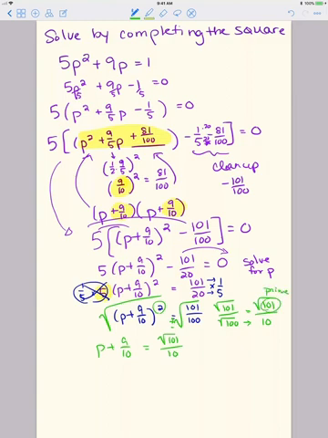Pretty sure it's prime. So then we have p plus 9/10 equals plus or minus the square root of 101 over 10. We'll subtract over the 9/10 and get negative 9/10 plus or minus the square root of 101 over 10. They do have a common denominator. If you would like to make that negative 9 plus or minus the square root of 101 all over 10, you can. They are the same thing.